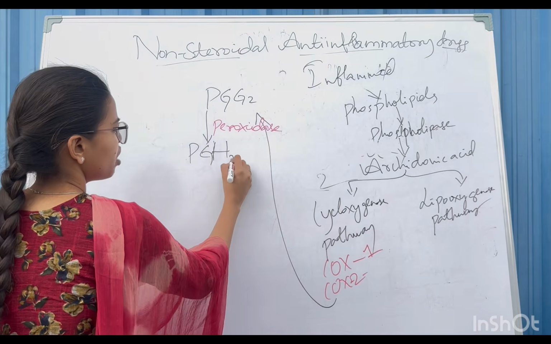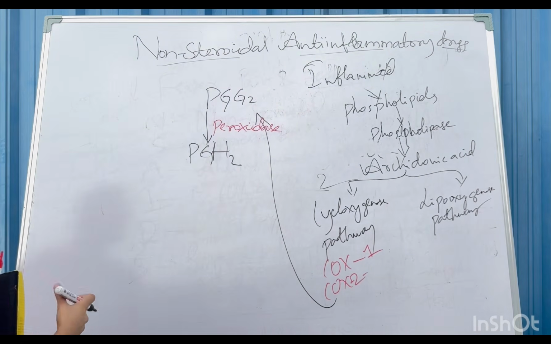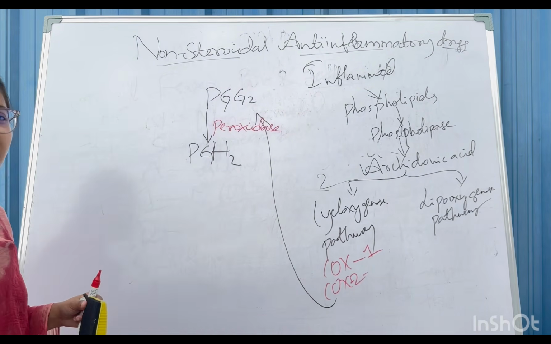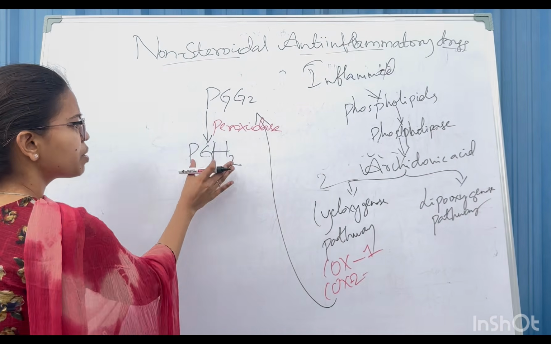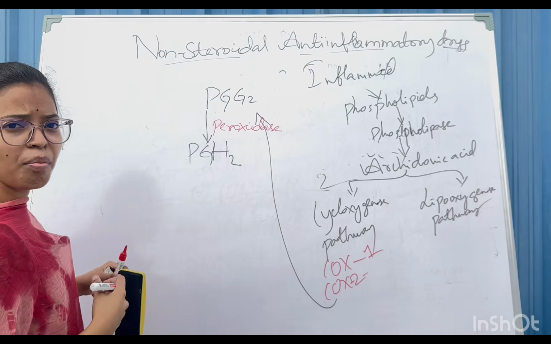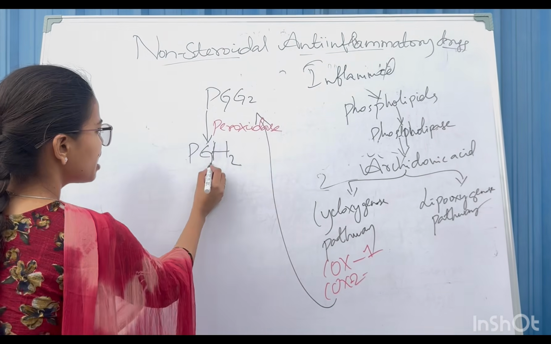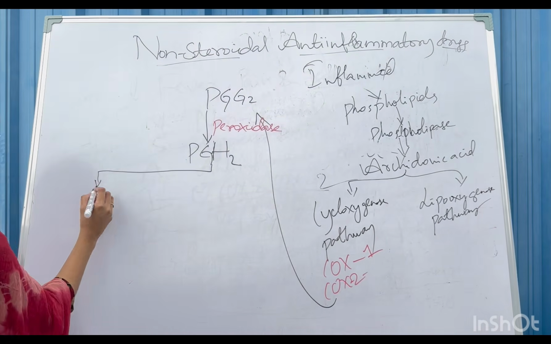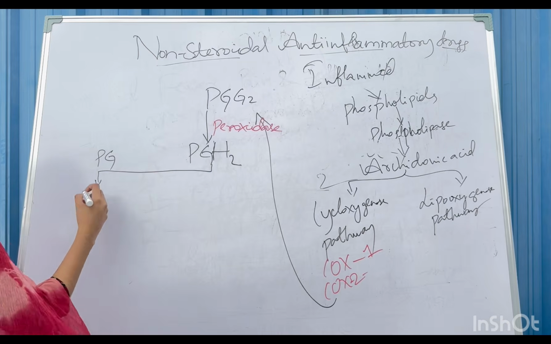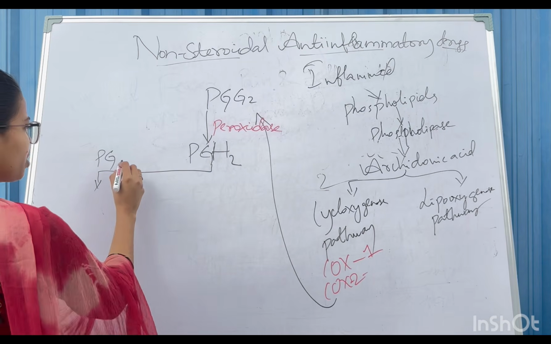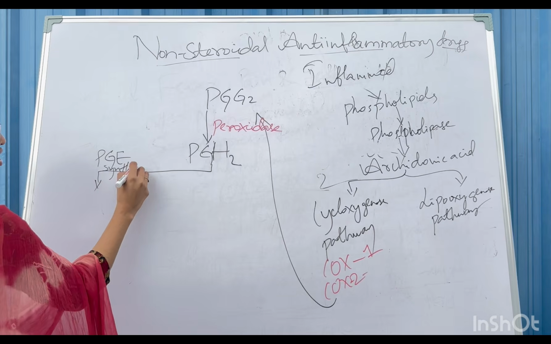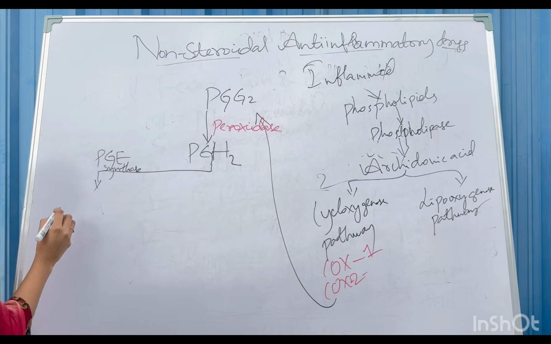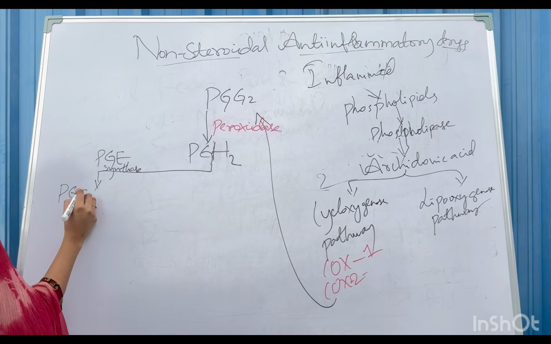Prostaglandin H₂ is a precursor for the formation of many substances. For example, in the presence of prostaglandin E synthase, it leads to the formation of prostaglandin E₂.